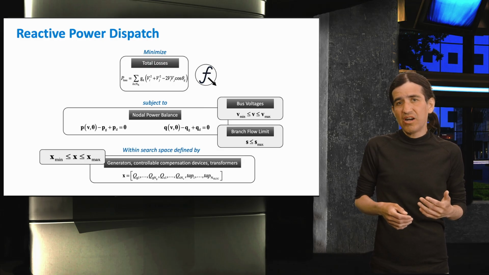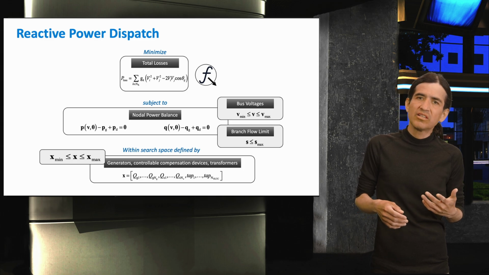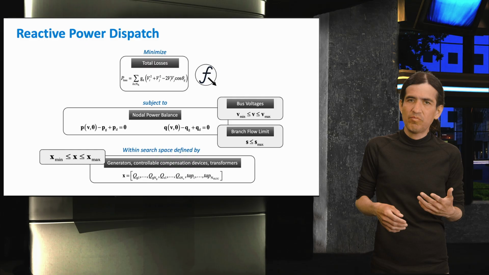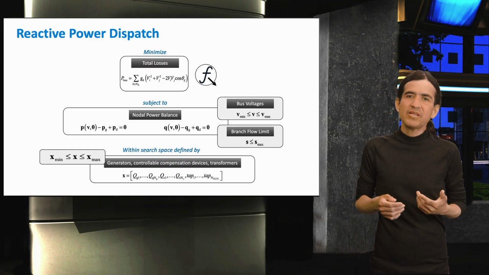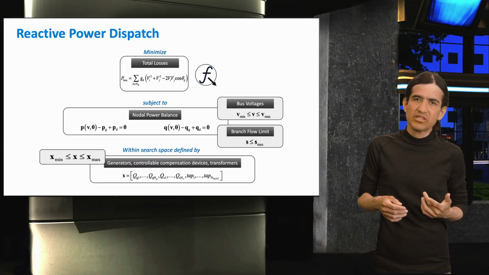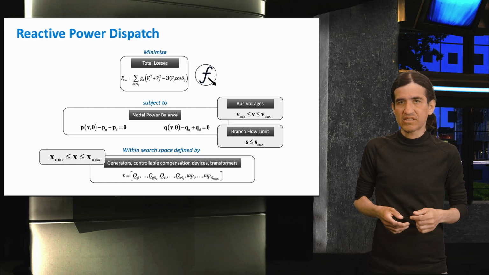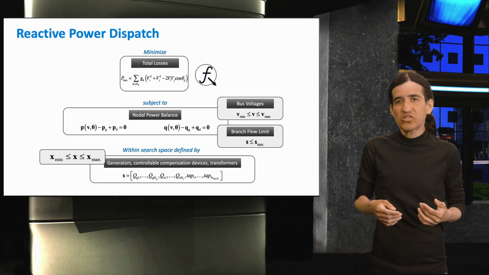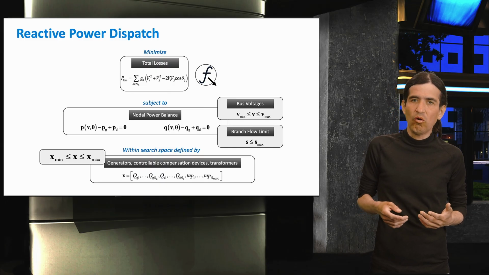Search-bound constraints define the allowable ranges of control variables, restricting the optimization to feasible operating limits. The solution vector typically includes generator voltage set points, reactive power outputs, transformer tap positions, and shunt capacitor or reactor settings, which are adjusted to achieve the desired system performance while satisfying all constraints.